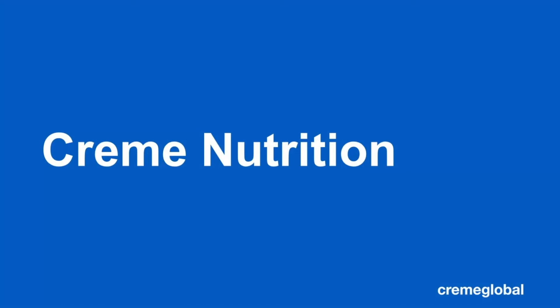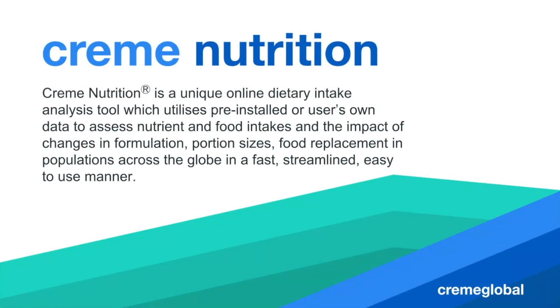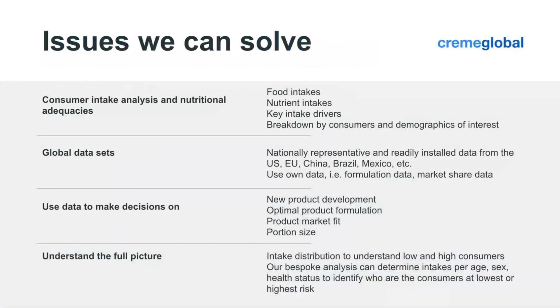So lastly, I'm going to talk about Crown Nutrition R2 here. It's a unique online dietary intake analysis tool which utilizes pre-installed or the user's own data to assess nutrient and food intake and the impact of changes in formulation, portion sizes and food replacement in populations across the globe, in a fast, streamlined and easy-to-use manner.